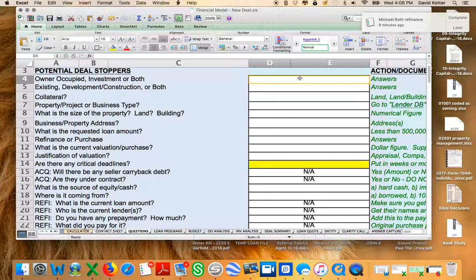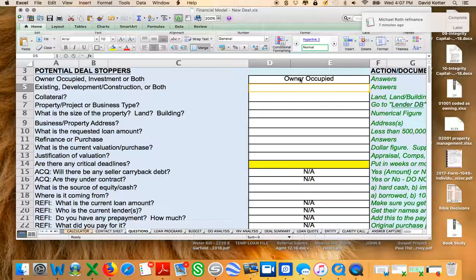If it's investment, that means that they're going to buy a property where there's tenants in it. Or if it's both, it means it might be a hybrid. There might be some being occupied by the person who's buying it, and then there's also maybe some tenants that are paying rent. So go ahead and we'll just assume that it's owner-occupied.